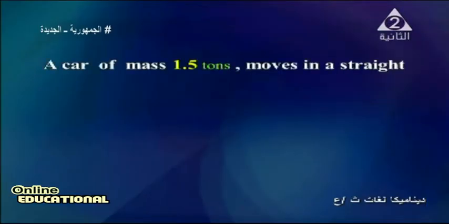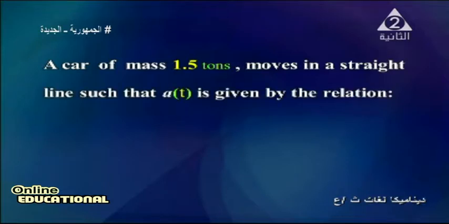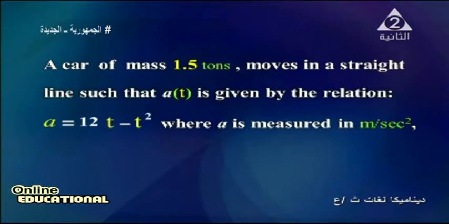Now we move to the next example. A car of mass 1.5 tons moves in a straight line such that the acceleration a, as a function in time t, is given by the relation a equals 12t minus t², where the acceleration a is measured in meter per second squared and the time t is measured in seconds.